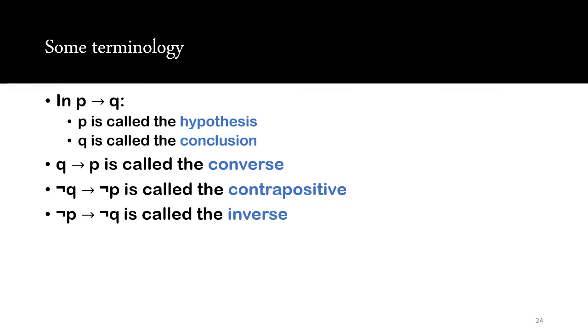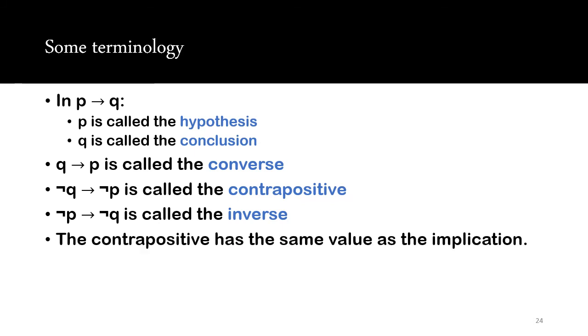The inverse is essentially just negating P and negating Q, and it's not P implies not Q, which just has the opposite value. But the contrapositive always has the same value as the implication. Because think about it.